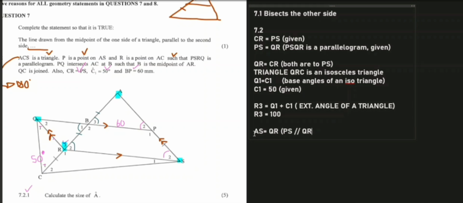That was given. Therefore, R3 is equal to angle A. Reason being it's alternate angles. And then you also have to write PS is parallel to QR.